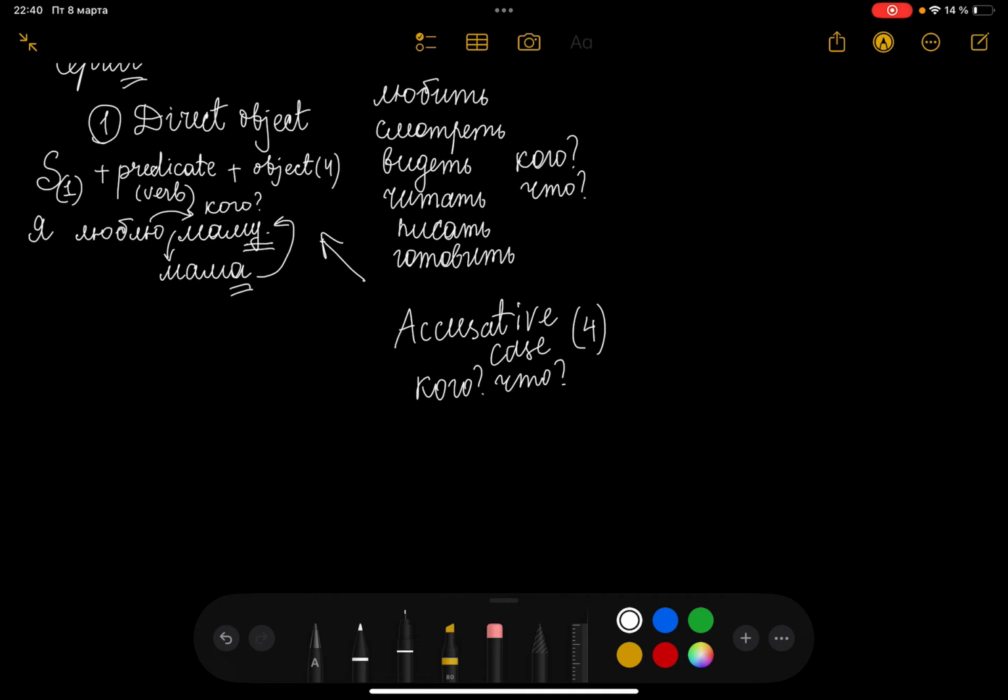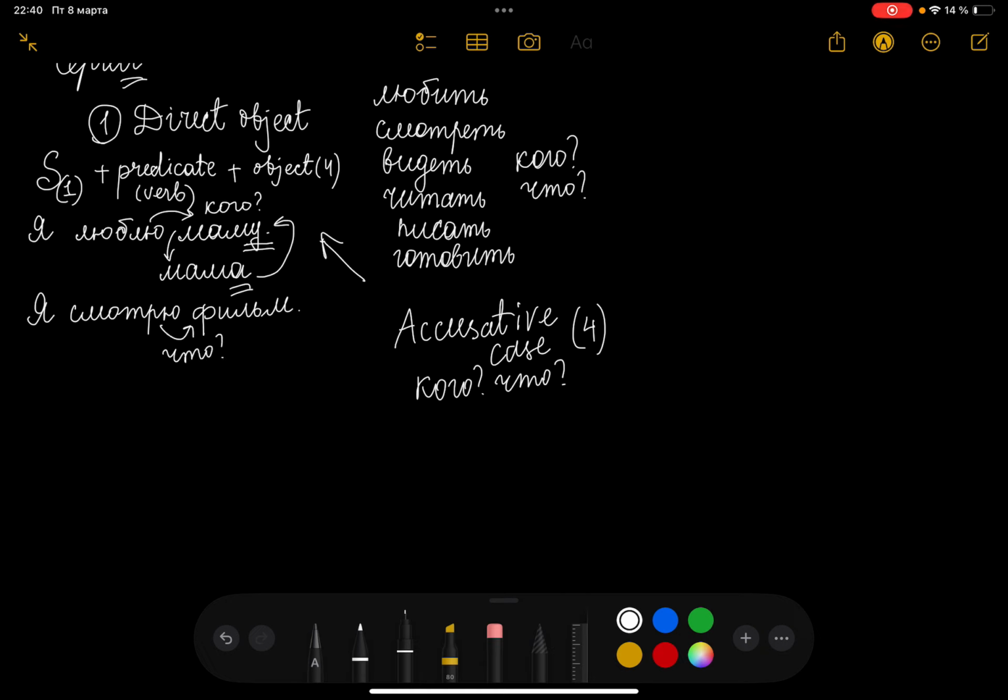Or let's use some inanimated variant. Например, for example, я смотрю фильм. Я смотрю фильм. Я смотрю что?